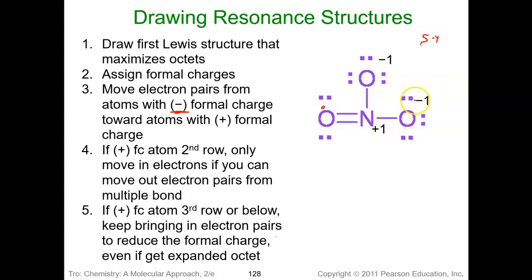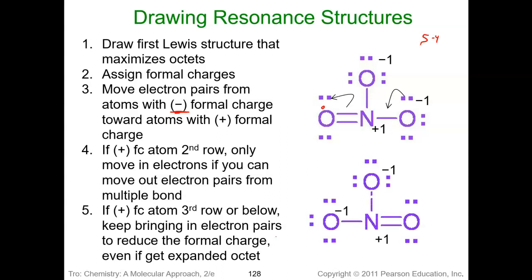So we're going to move them from here to there. Now when we do that, we can still only have 8. So this one has to move out there. And then our new structure looks like this. So basically you can see we just moved our double bond just like I showed you before. Now I'm going to look at this one for a second.